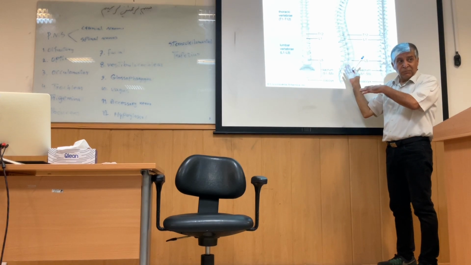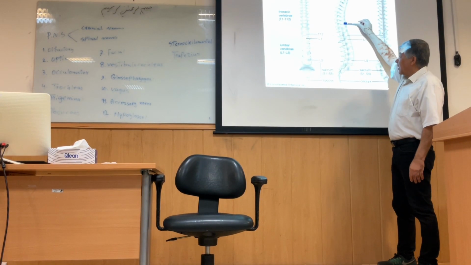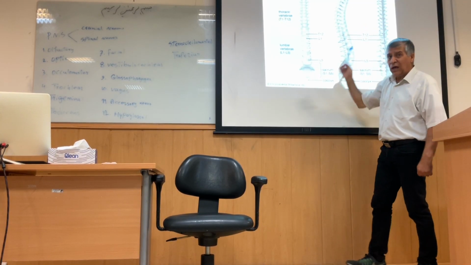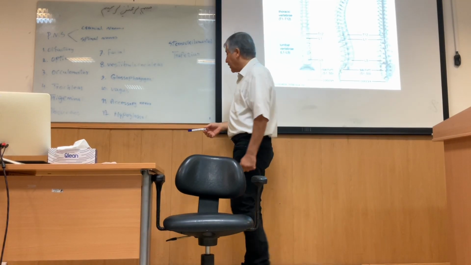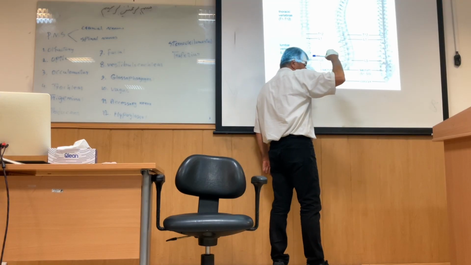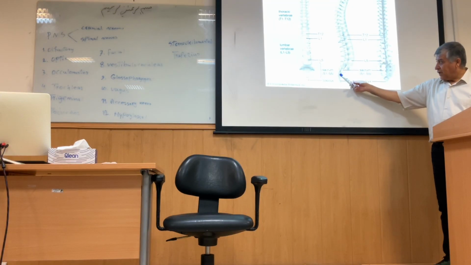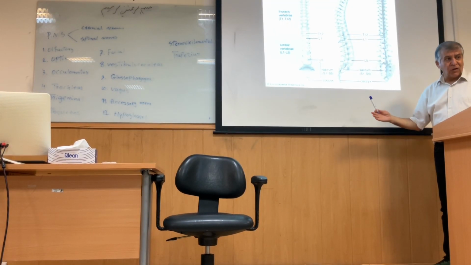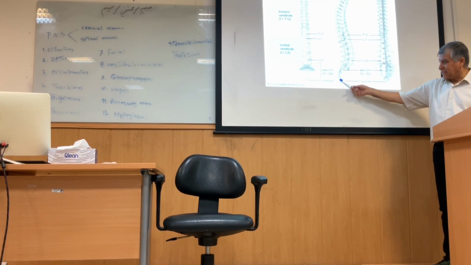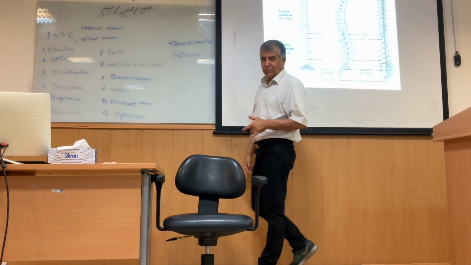This one is vertebral, previous was nerve. Thoracic part is formed by T1 to T12 vertebra. Lumbar part is formed by L1 to L5 vertebra. Sacrum is formed by S1 to S5 vertebra. And coccyx is formed by 3 or 4 coccygeal vertebrae.